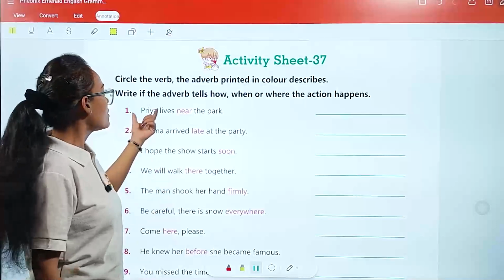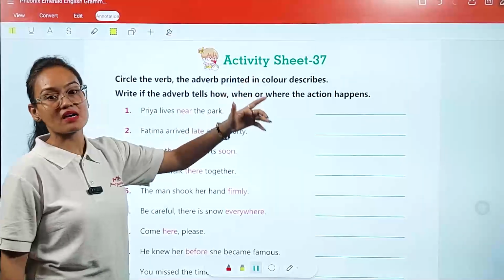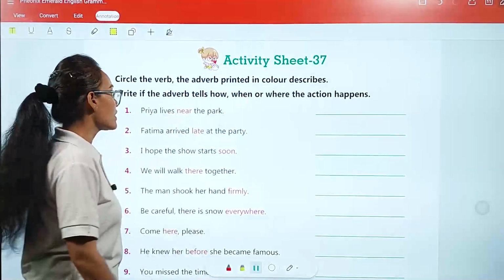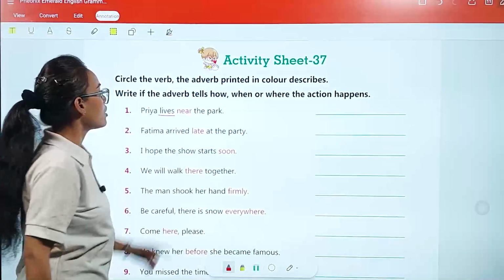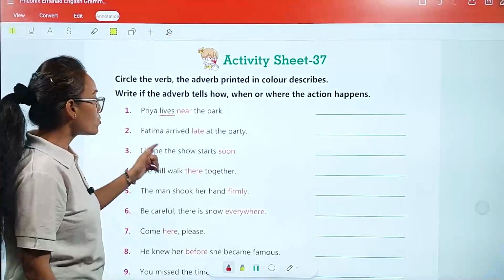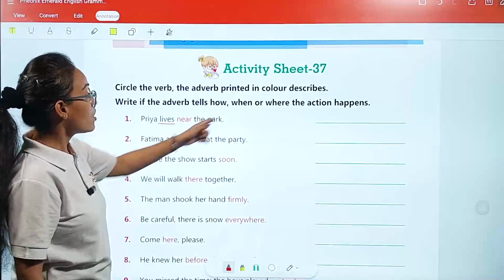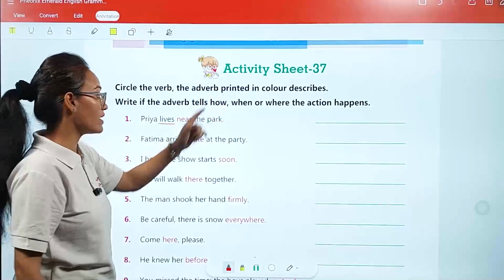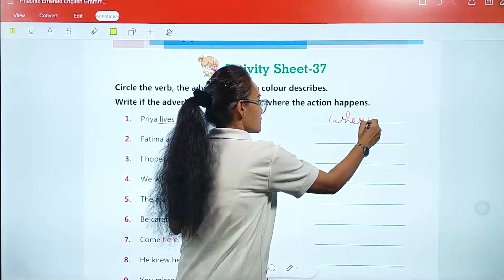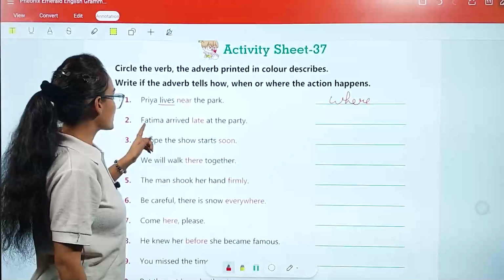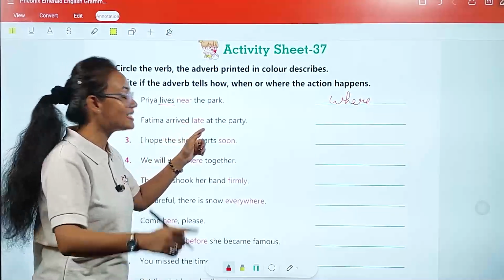Okay, let's see. First one: Priya lives near the park. Near is your adverb, and lives will be your verb. So it comes under the where category. You are going to write where. Second one: Fatima arrived late at the party.